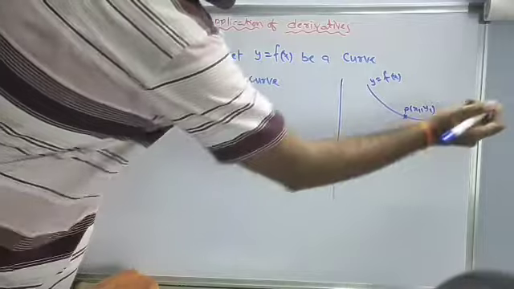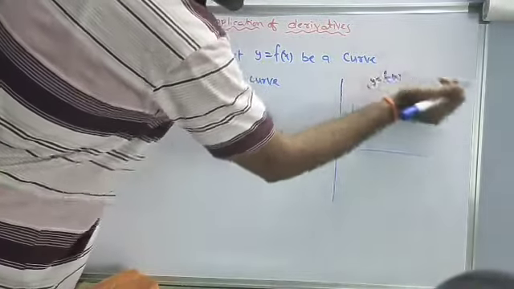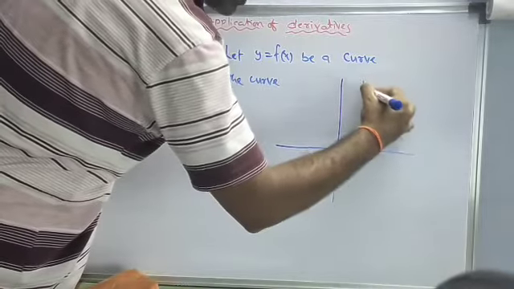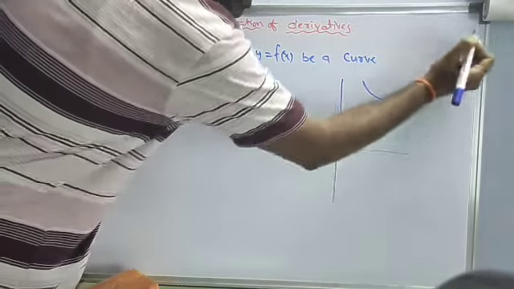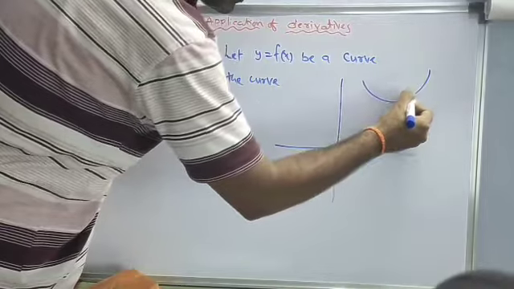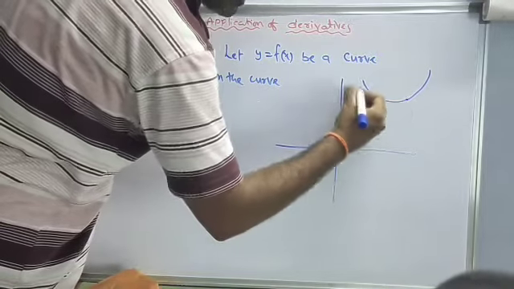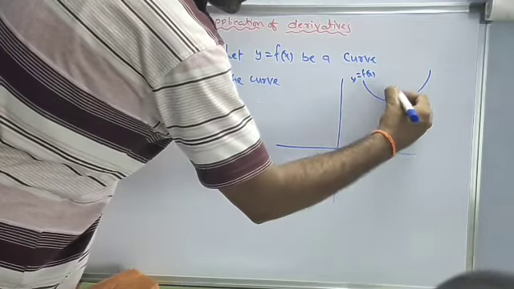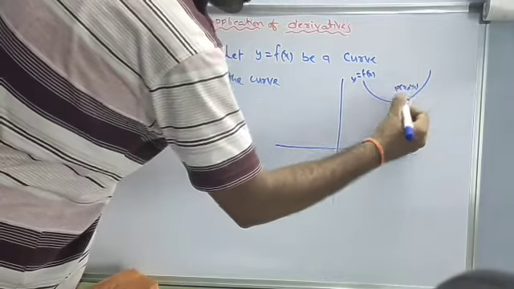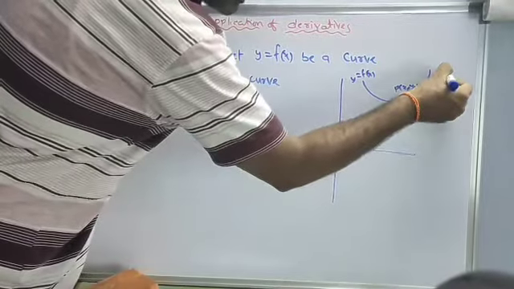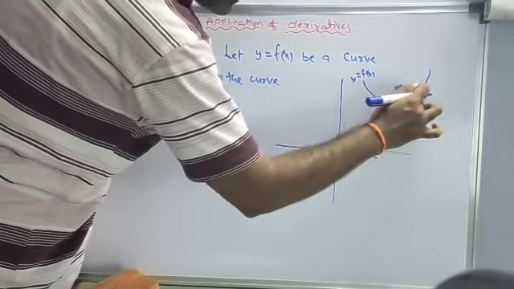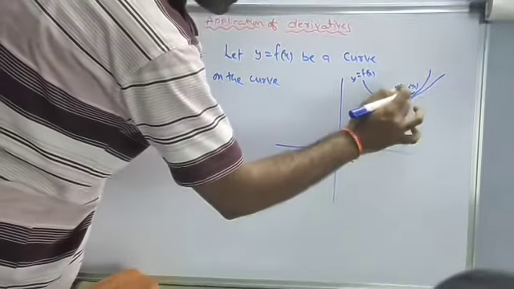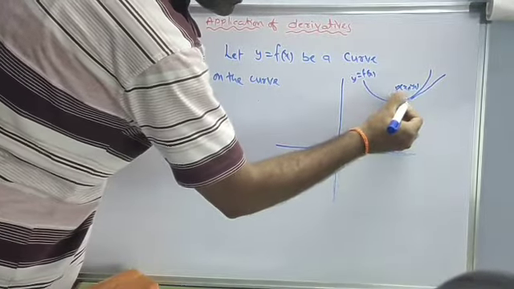So I'm just taking the curve like this, y equal to f of x, for our convenience. Here let P(x1, y1).